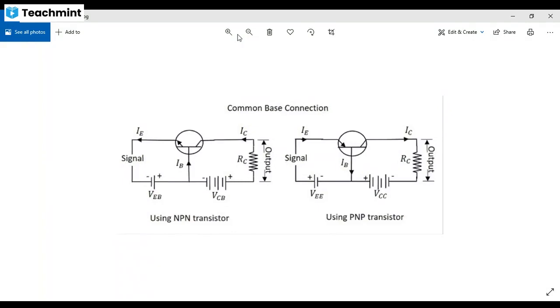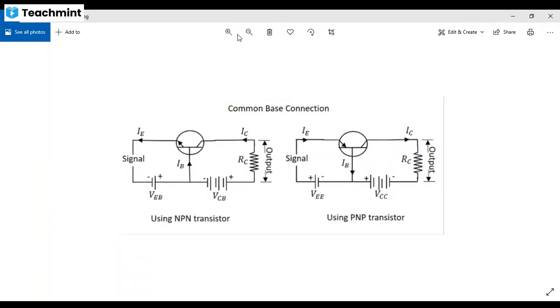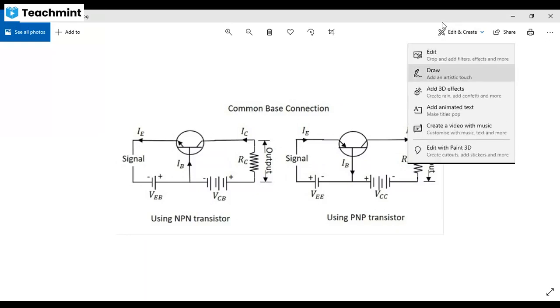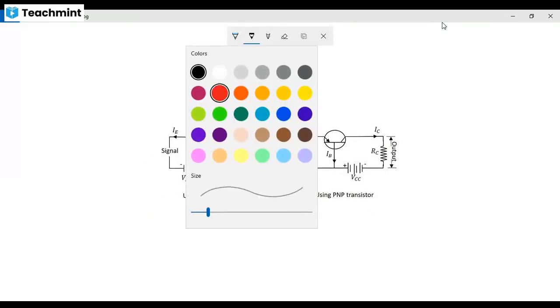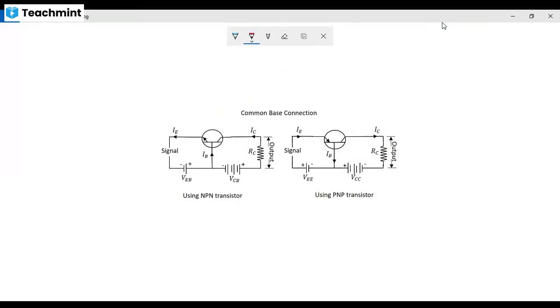So your question was about what the connection is.